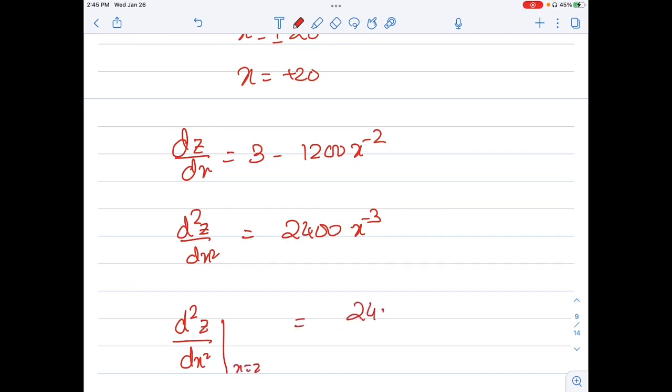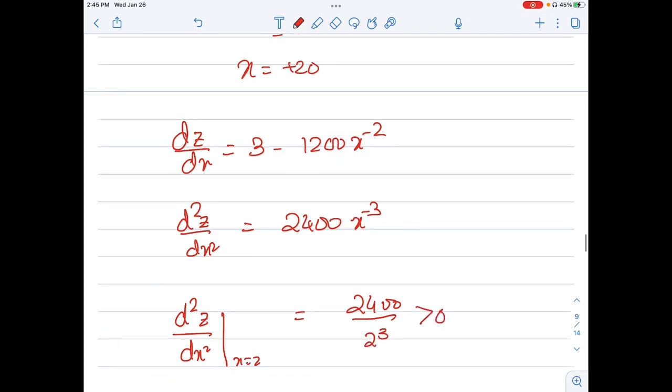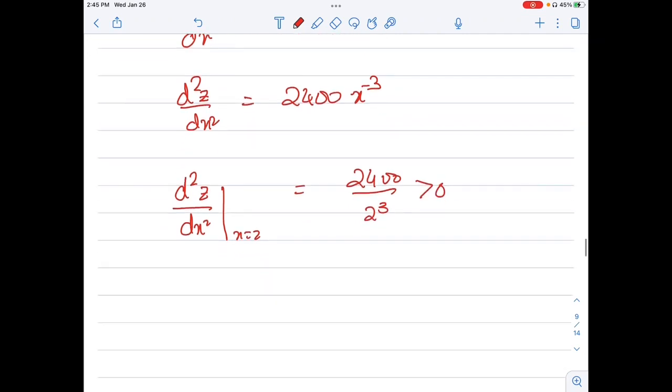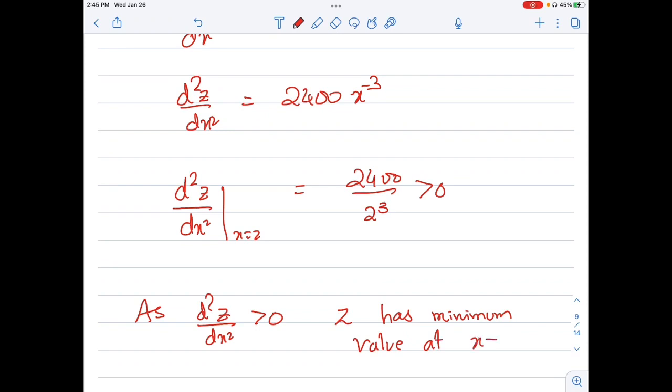So it becomes 2400 divided by 20 cube, which is a positive quantity. As d square z upon dx square is greater than 0, z has a minimum value at x equal to 20.